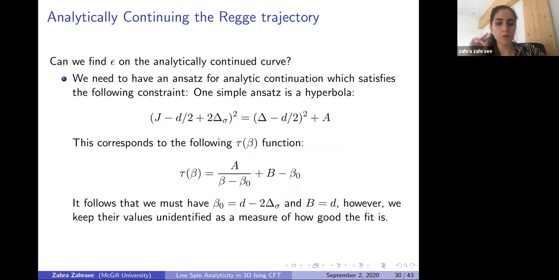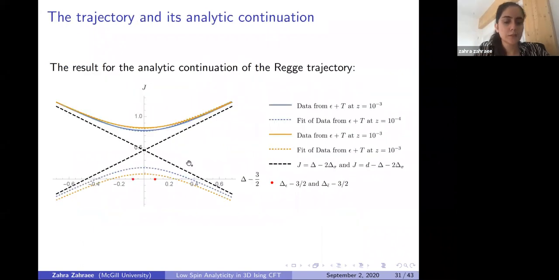shows us how good the fit is doing. Even though we know what beta 0 and B need to be, we keep them general. So the fit would give us A, beta 0, and B. The result of the fit produces these dashed lines, which you can see is a good fit. It's doing very well for the upper branch.